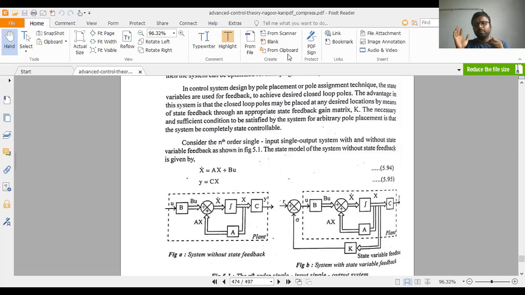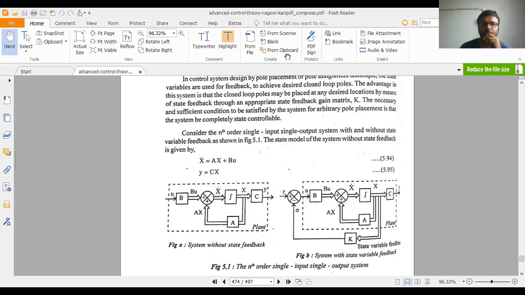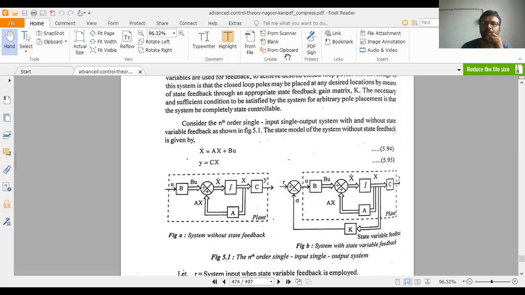Okay. So before entering the three methods, let me recollect all the topics regarding the state space equations. Let us consider the nth order single input and single output system with and without state variable feedback. So this is the particular block diagram representing a controllable system without state feedback.